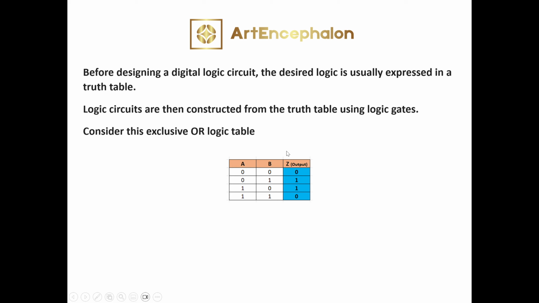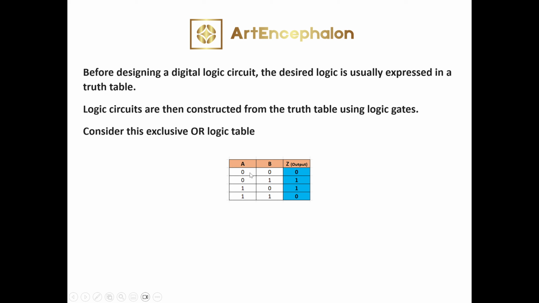So we are saying that in our circuit, if A is 0 and B is 0, the output should be 0. For a neuron, that would mean that if A does not fire and B does not fire, then the postsynaptic neuron Z will not fire. That's why it's 0.